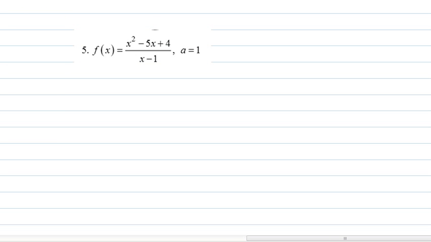Okay, so we want to prove discontinuous at x equals 1. We're going to follow the 3 conditions of continuity. Let's just plug in 1.